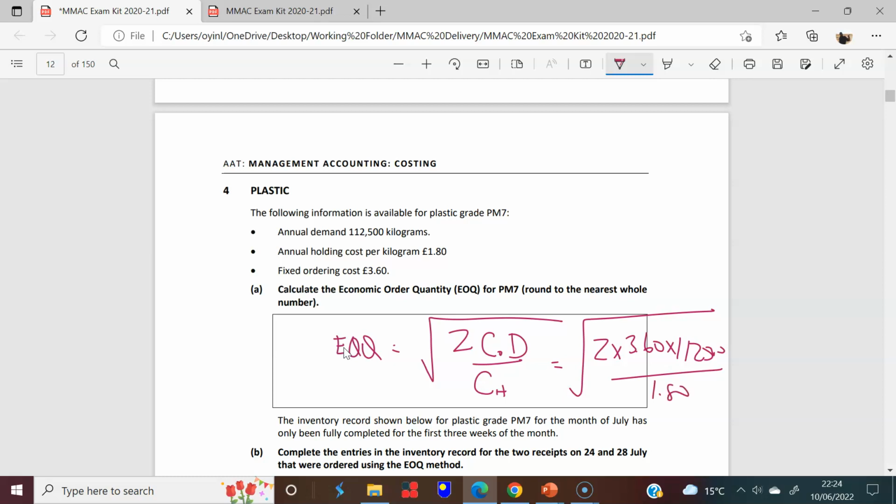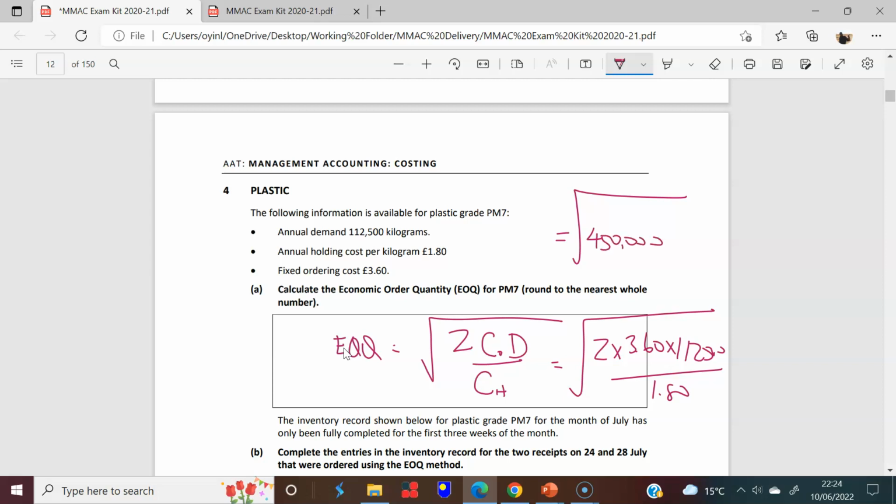So you put all that together: 2 times £3.60 times 112,500, and then divide that by £1.80 gives you 450,000.